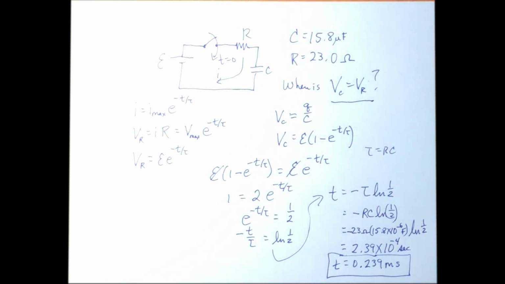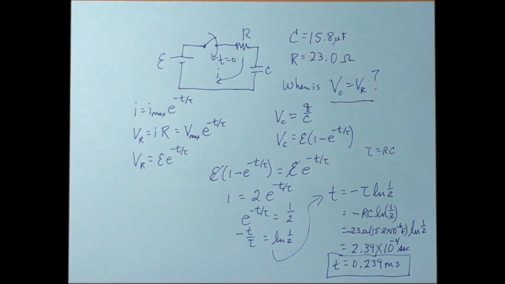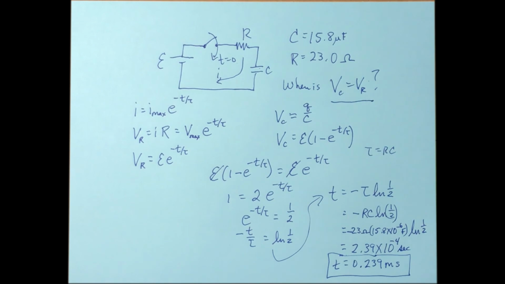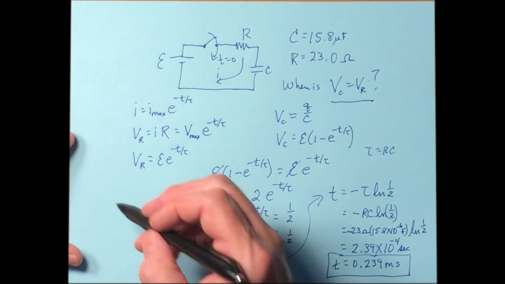Now that we know that, a good follow-up question might be: what is the charge on the capacitor when the voltage across these two things are equal? Well, in order to do that, you need to know the equation for charge on a capacitor.